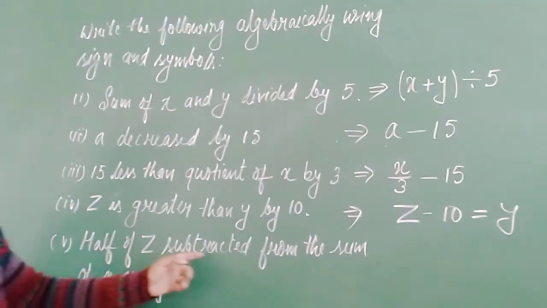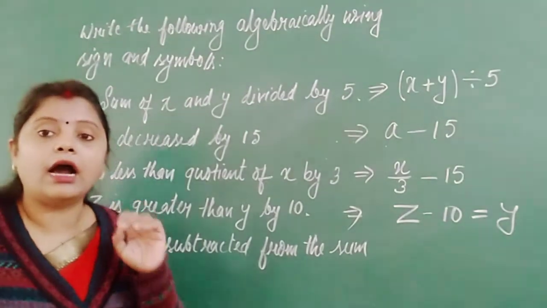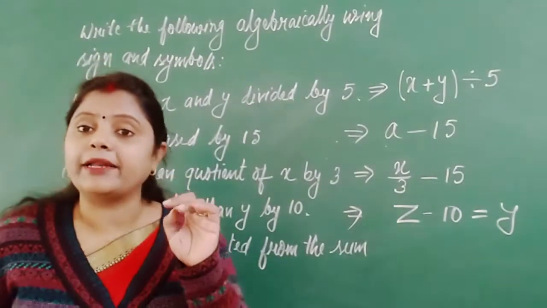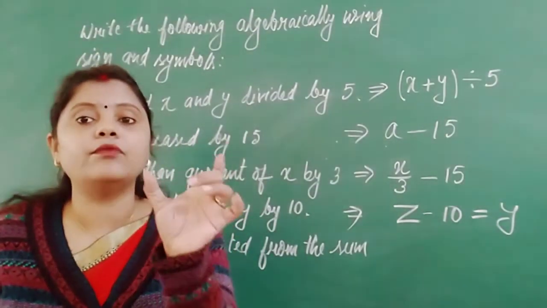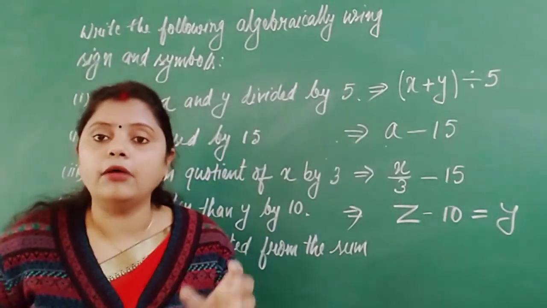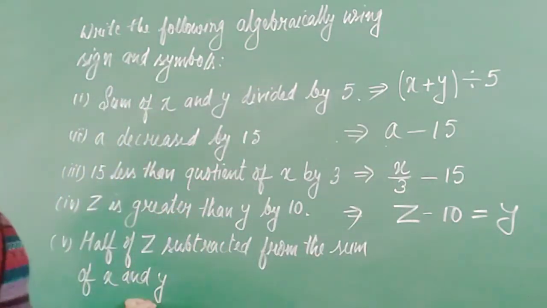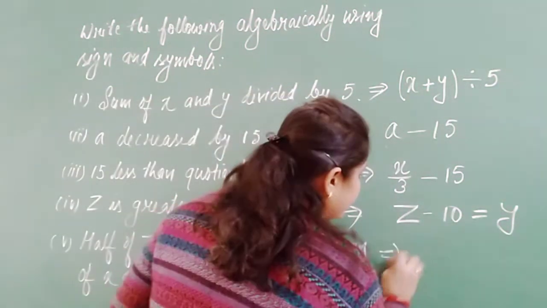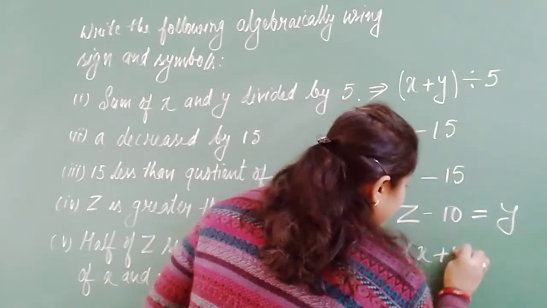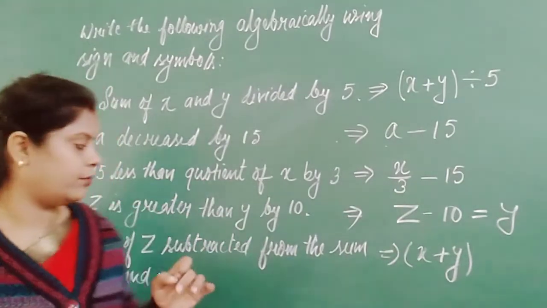Half of z subtracted from the sum of x and y. Half of z subtracted from, again this word from is very important. Half of z is subtracted from the sum of x and y. That means first we have to add x and y. So x and y will be added first, and then what we have taken out from there?